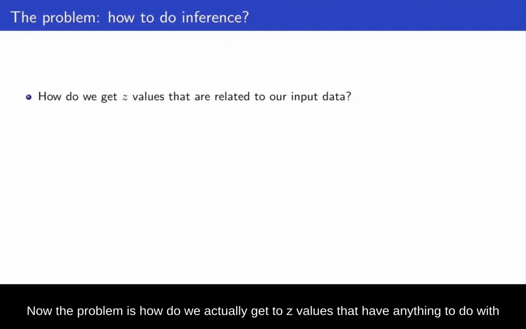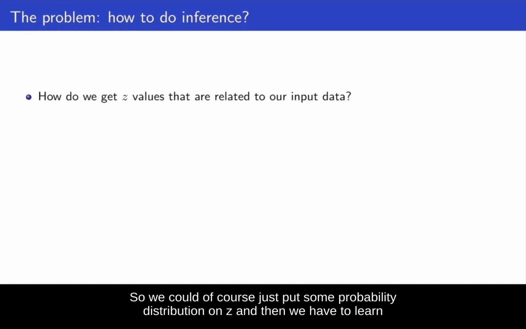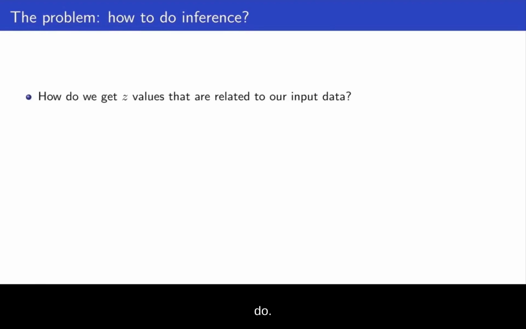Now the problem is, how do we actually get to z values that have anything to do with our data? We could, of course, just put some probability distribution on z, and then we have to learn to generate new data. That's actually similar to what the generative adversarial networks do. We'll see that in the next video.